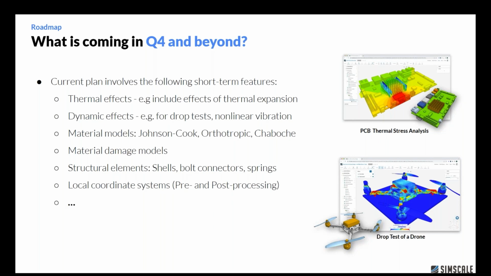Johnson-Cook, so strain rate dependency, will come, and then also once we have local coordinate systems, orthotropic materials will come, and damage models which can be combined with multiple material behaviors. And if you need a specific model that might or might not be available today, let us know, and we can see if we can prepone the development of that in case there's a high demand. Sure.